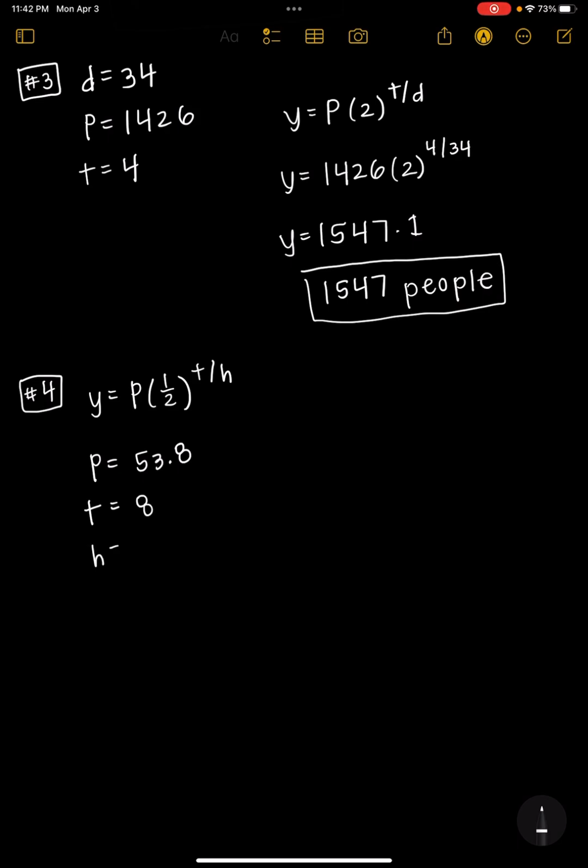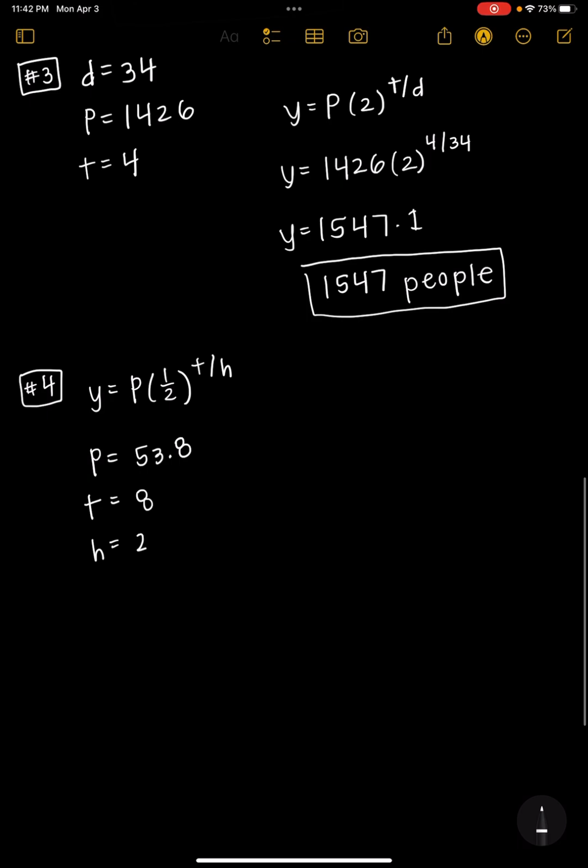And h is how long it takes to cut in half, which is that 23 minutes. So now let's plug everything in. We're going to get y is equal to 53.8 times 1/2 to the power of 8 divided by 23. Once again, the 8 and the 23 are both in your exponent.